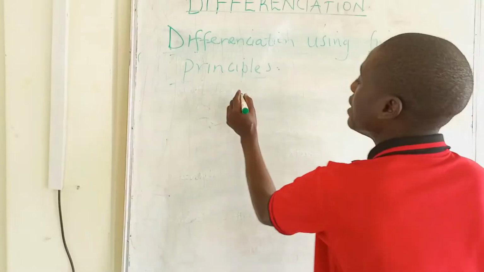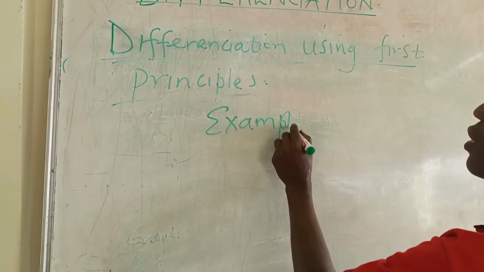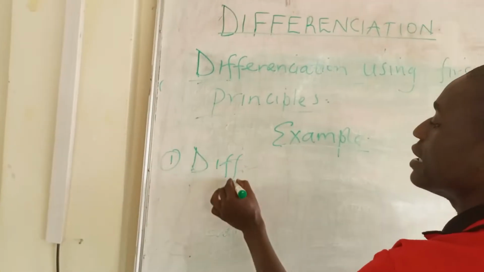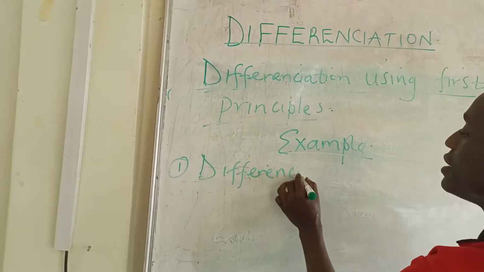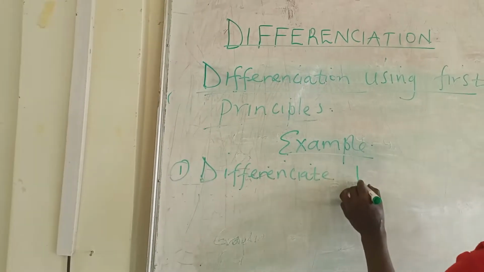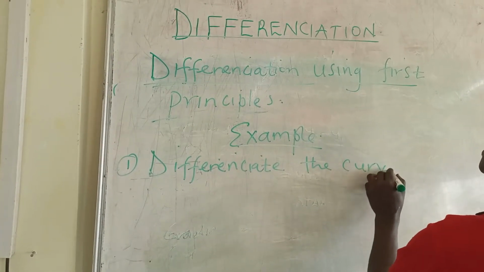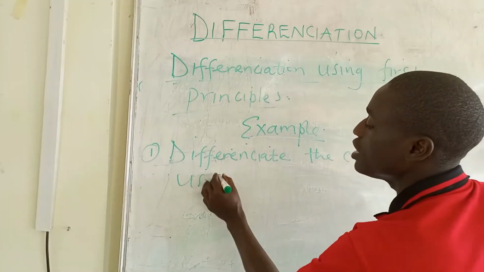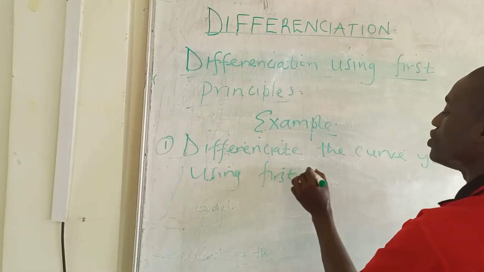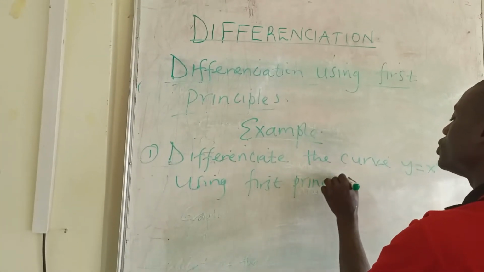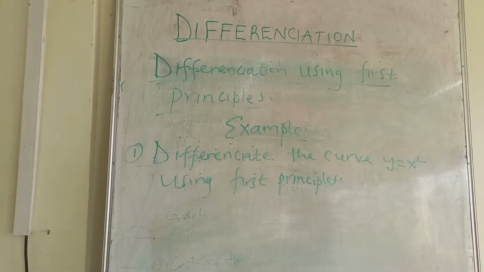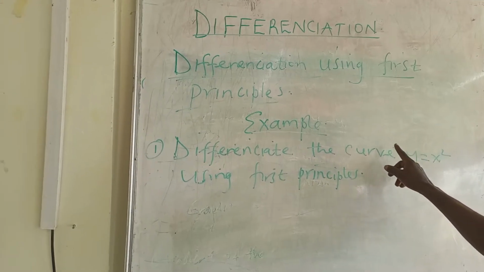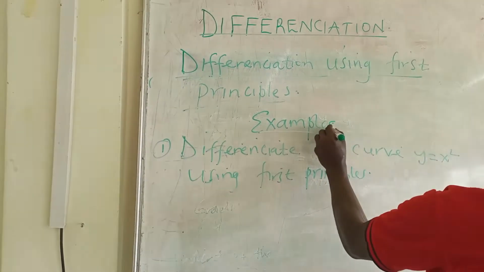Example 1: differentiate the curve y is equal to x squared using first principles.